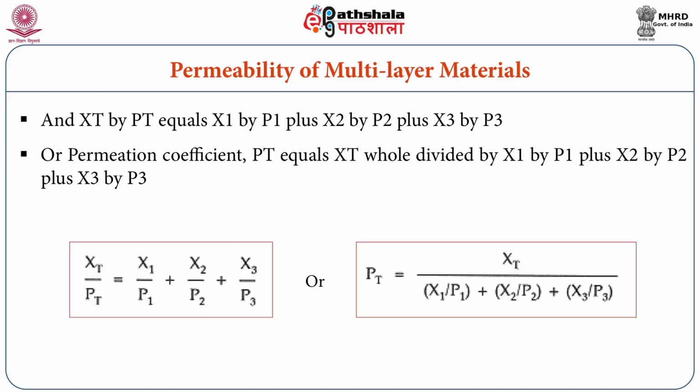So xt by Pt equals x1 by P1 plus x2 by P2 plus x3 by P3, or permeation coefficient Pt equals xt, whole divided by x1 by P1 plus x2 by P2 plus x3 by P3.